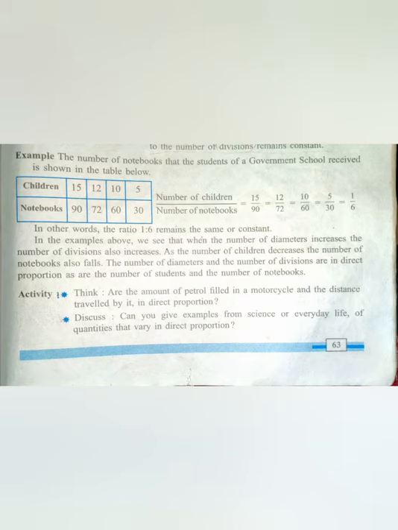Let's take another example on the same page, page number 63. Now you tell me how to solve the second example. The number of notebooks that the students of a government school received is shown in the table below. Children with notebooks. There are 15 students, they get 90 notebooks.